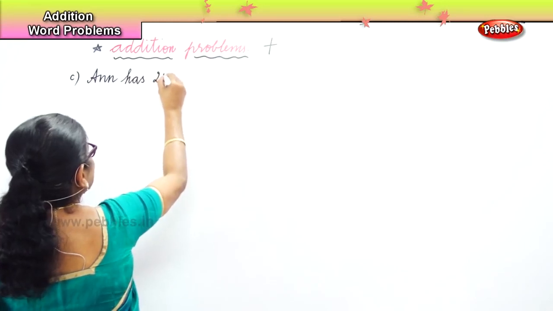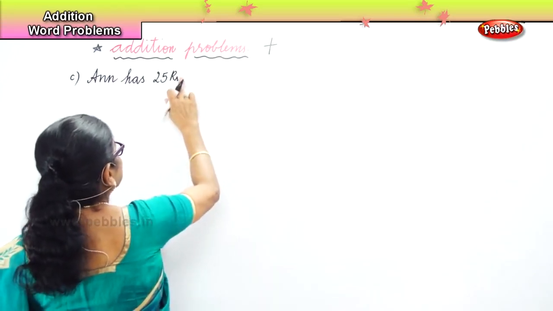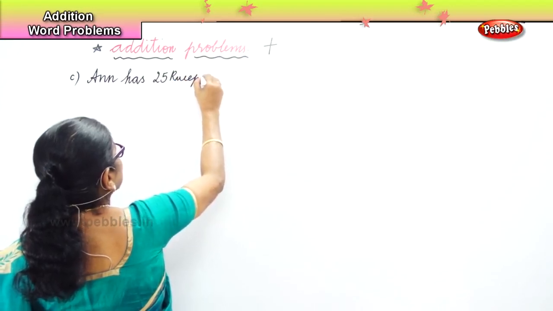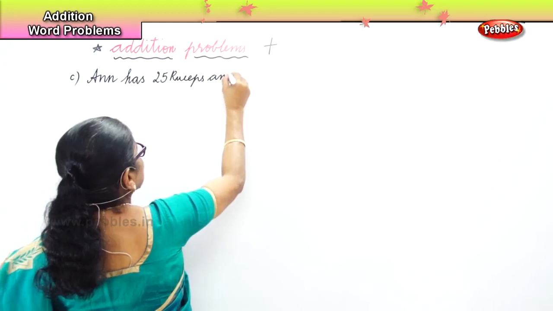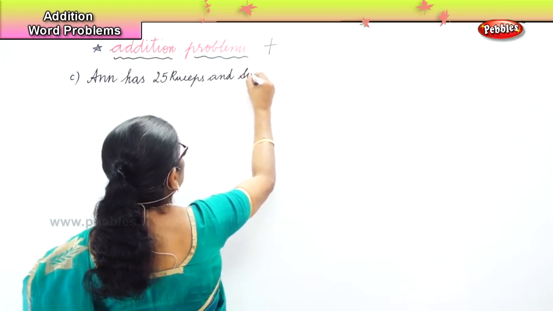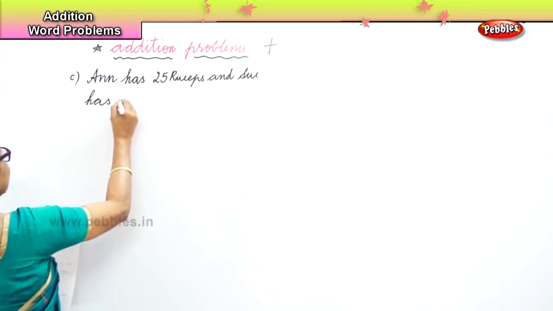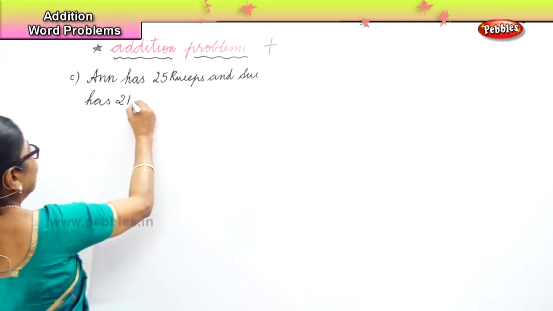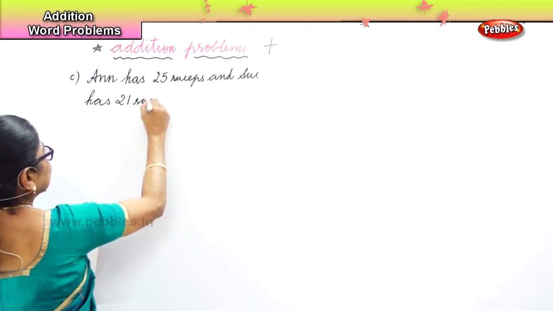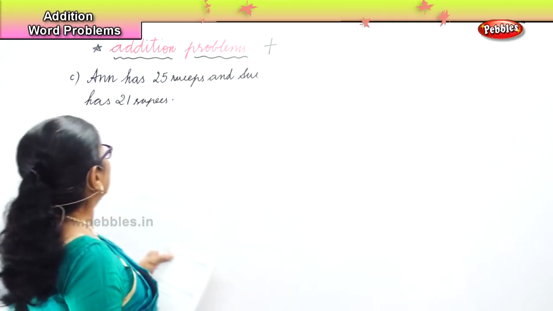Anne has 25 rupees and Sue has 21 rupees. All right?